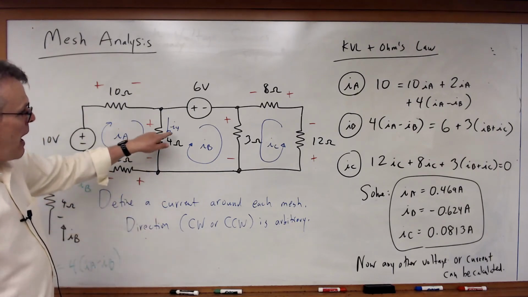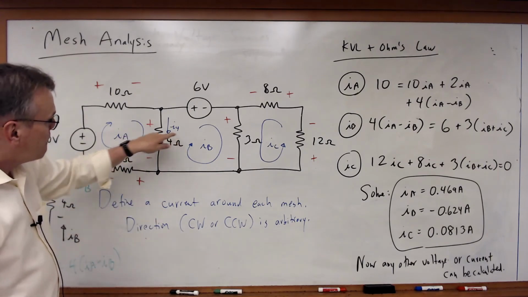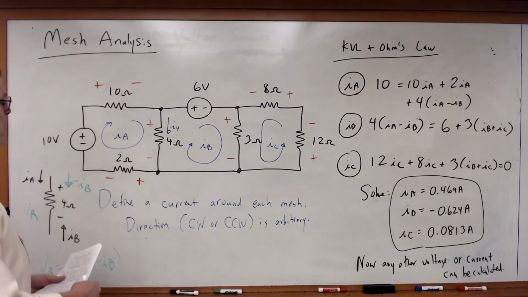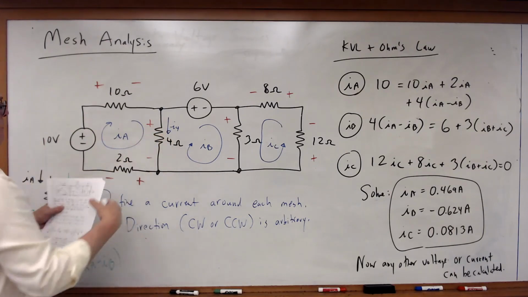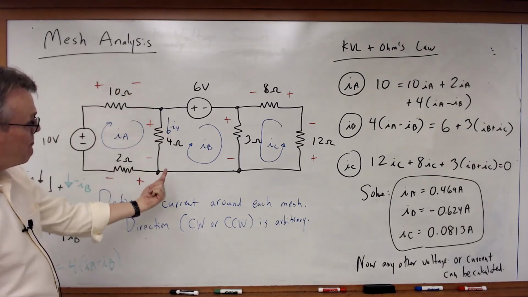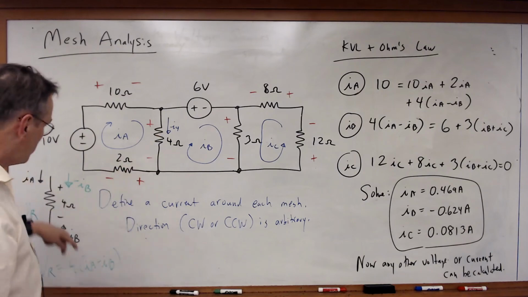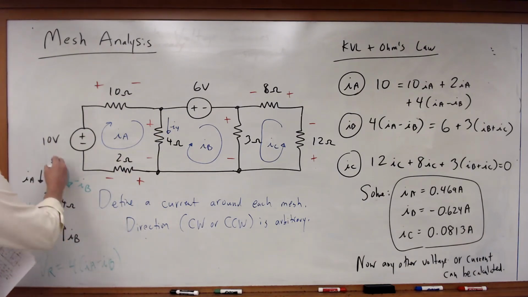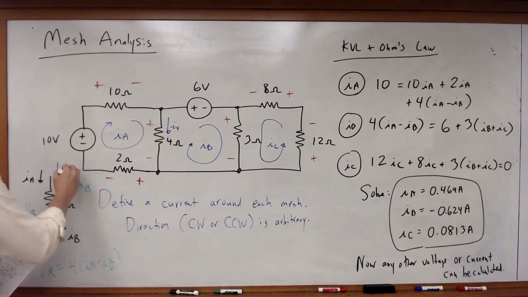Well, I4 is clearly a function of those two mesh currents. In fact, I4 must be equal to IA minus IB, opposite direction. So once again, I want I4 to agree with the direction of those two mesh current elements.